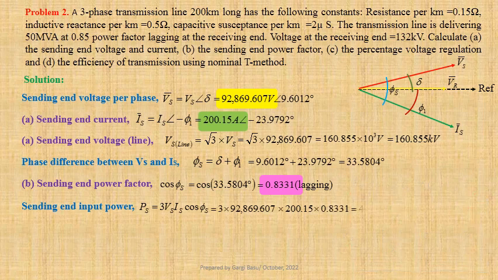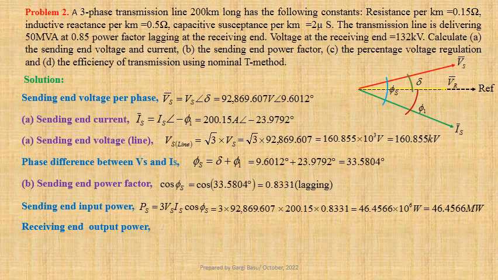That gives us 46.4566 into 10 to the power 6 watt or 46.4566 megawatt. We have obtained receiving end output power PL equals to 42.5 megawatt.